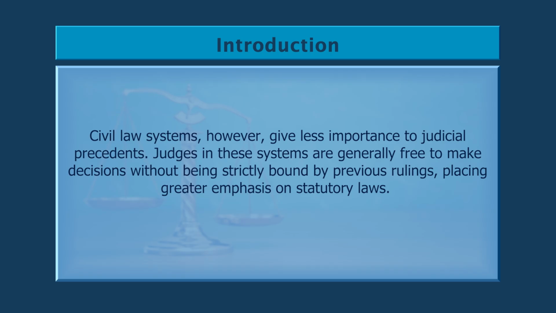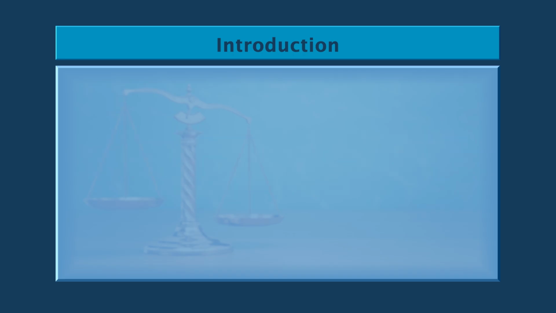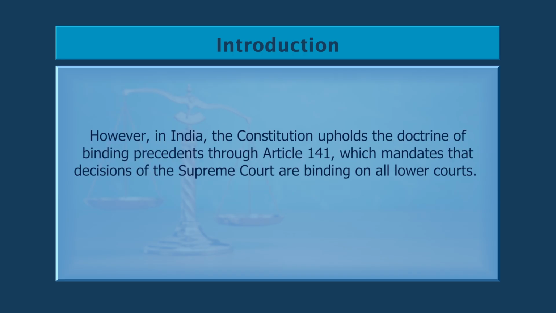Judges in these systems are generally free to make decisions without being strictly bound by previous rulings, placing greater emphasis on statutory laws. However, in India, the Constitution upholds the doctrine of binding precedents through Article 141, which mandates that decisions of the Supreme Court are binding on all lower courts.